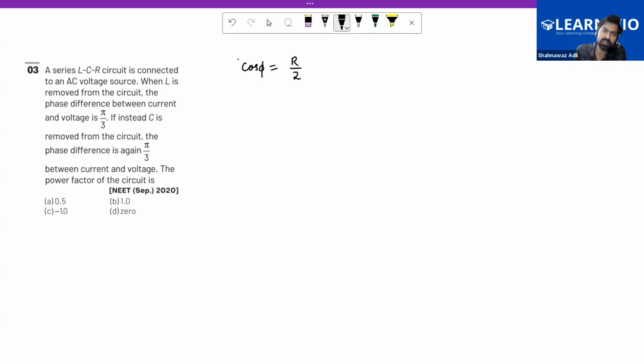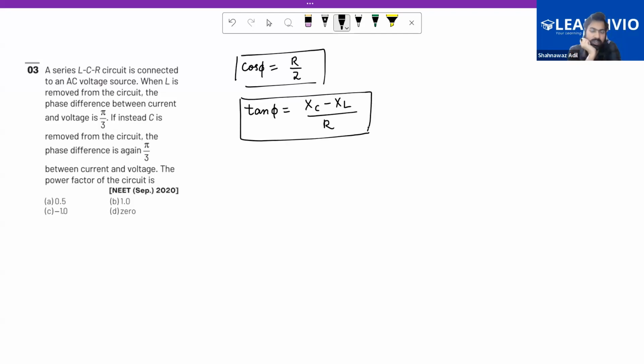So we want to find out what is cos phi, and that is R by Z, right? We know that tan phi is XC over R. This is what we know.